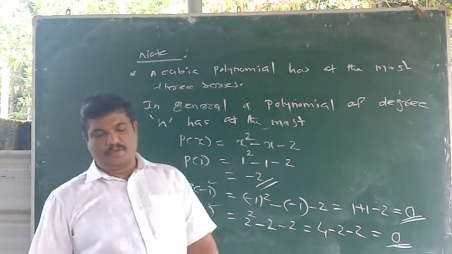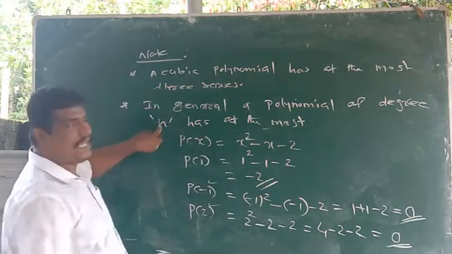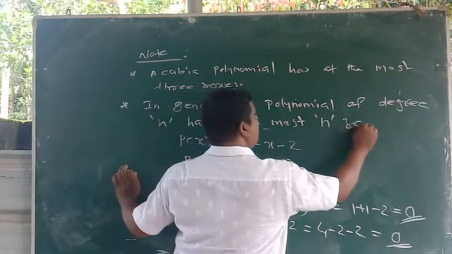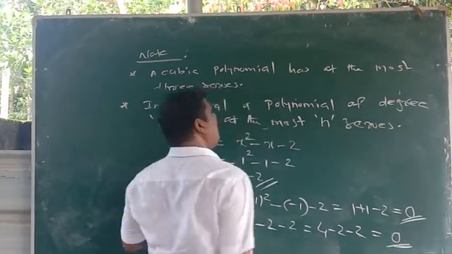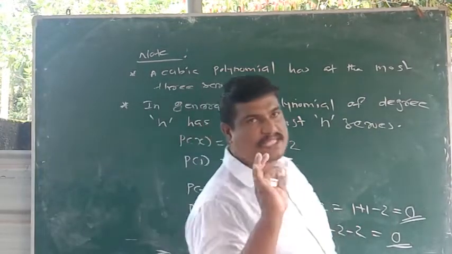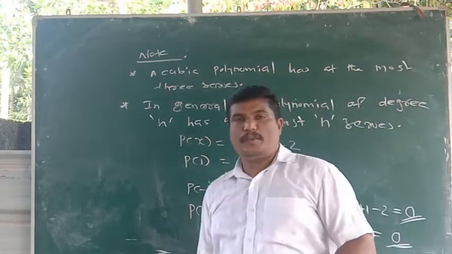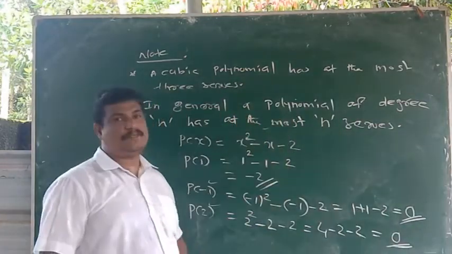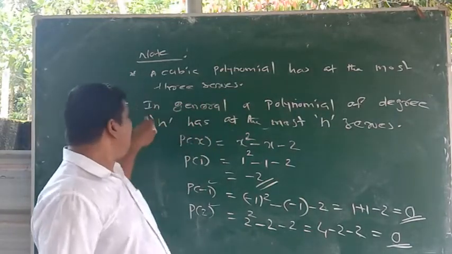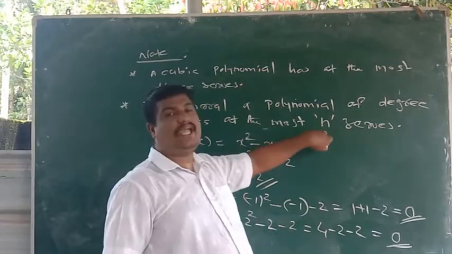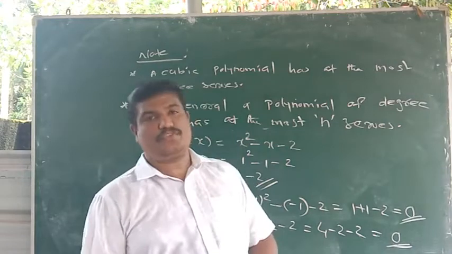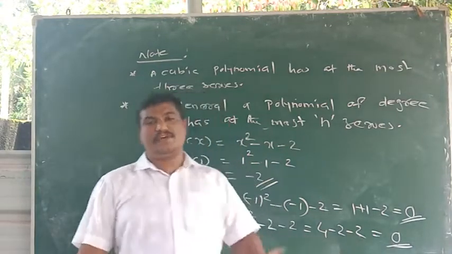At most n zeros. The polynomial is degree n, so that polynomial has at most n zeros. Listen, a linear polynomial has maximum 1 zero, quadratic maximum 2 zeros, cubic maximum 3 zeros. Then in general form, a polynomial of degree n has maximum n zeros. So a polynomial of degree 4, how many zeros are there? 4 zeros. If degree 5, maximum zeros 5. Okay, clear?